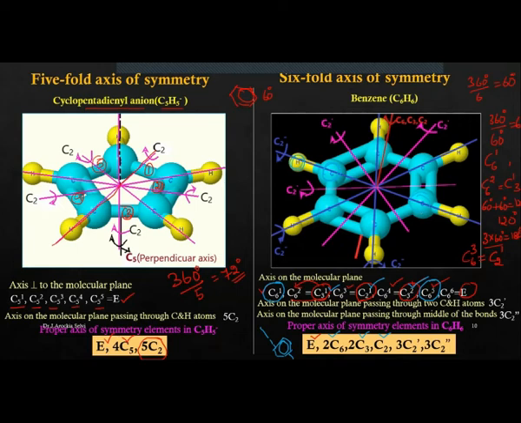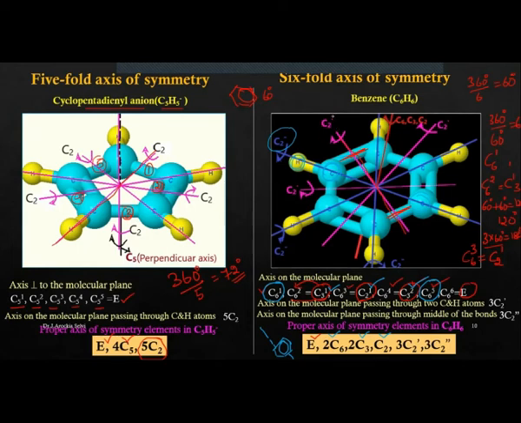If the axis is passing through them, that is one type of C2, that is C2 double prime. And one more C2 is the axis passing in the plane, which is passing through the centers of the parallel edges. So this is one edge and this is another, parallel edge. When it is passing through the centers of the parallel edges, that also results in the indistinguishable configuration.